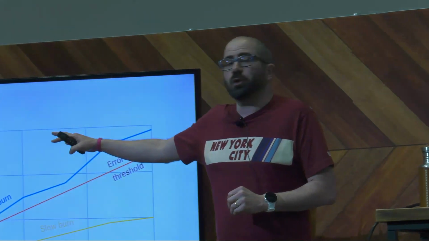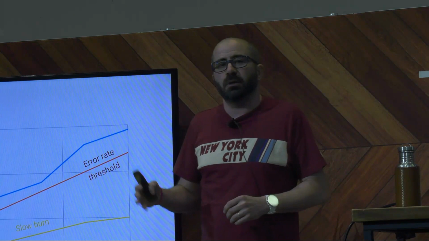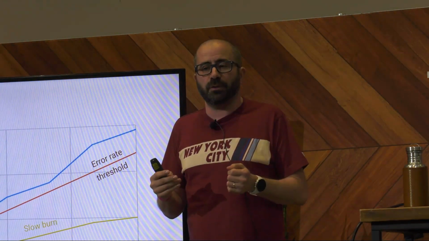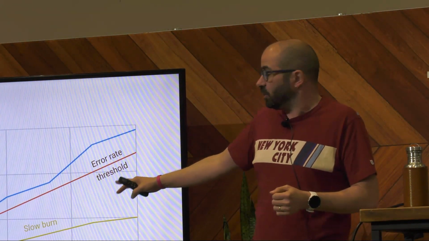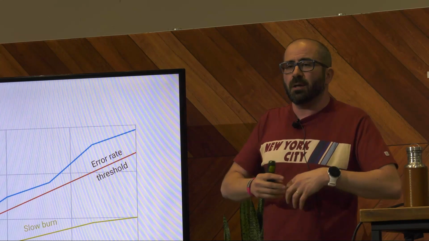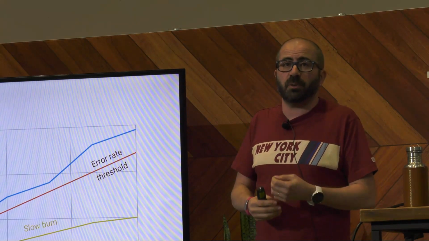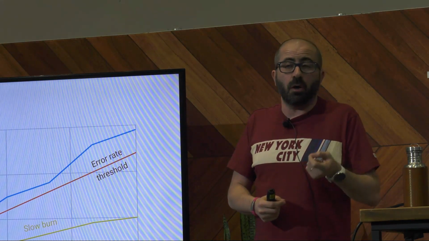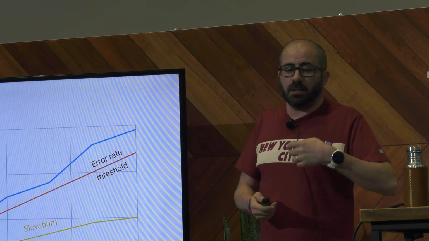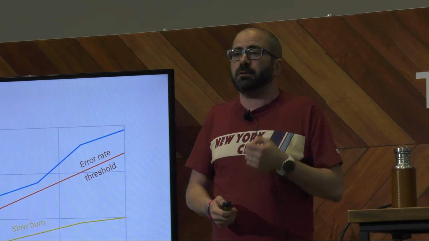The one region in which your fast burning of error budget is going to consume the entire error budget at the end of your window, and then the area in which you have a slow burn, but at the end of the time window, you're going to just burn a smaller amount of that error budget. However, consuming that error budget in a small amount will also introduce some problems, which is that you will not have that error budget to experiment and to do other things.